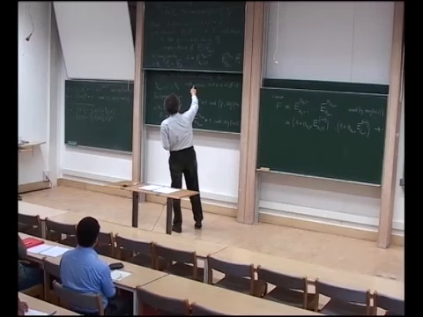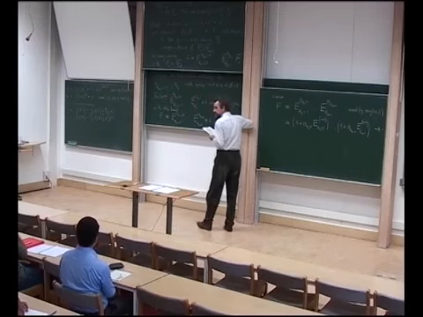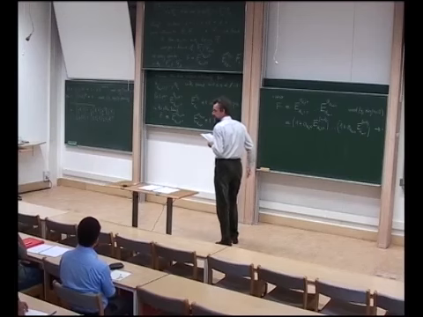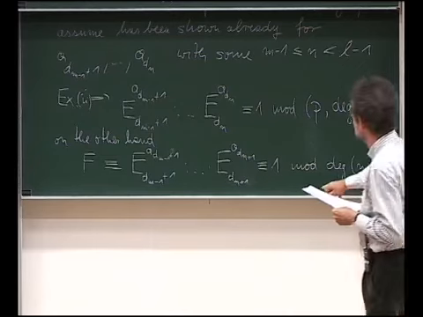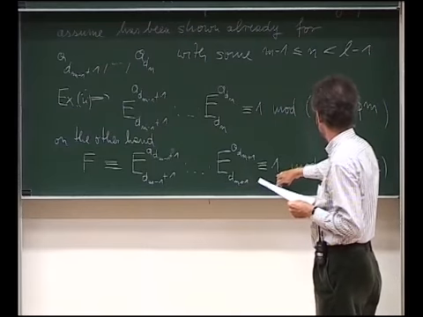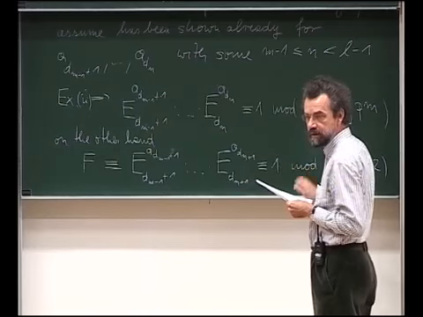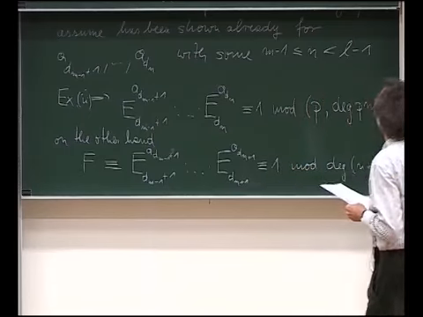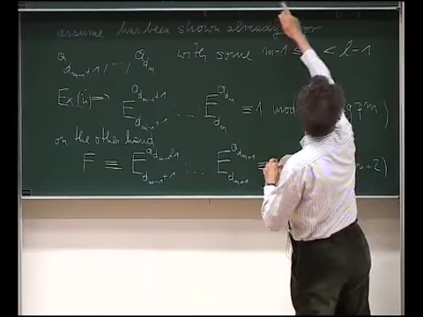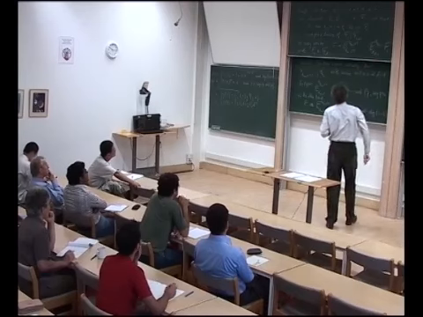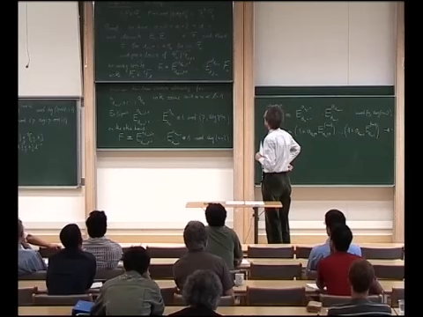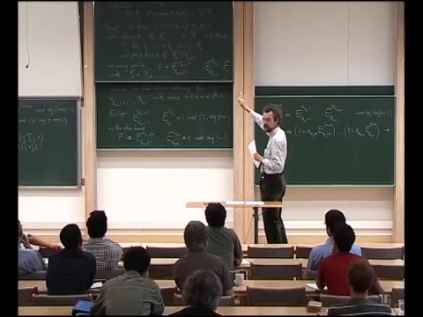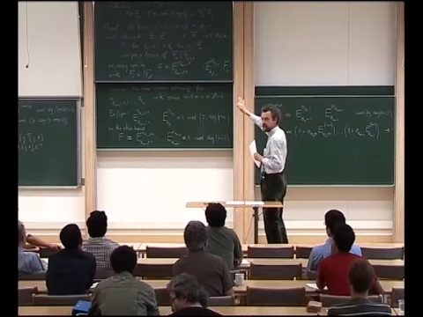Because the remaining factors in this here all lie in... Because the remaining factors are all congruent to 1 modulo... No, I'm looking at this here. F is only 1 mod p times big L.